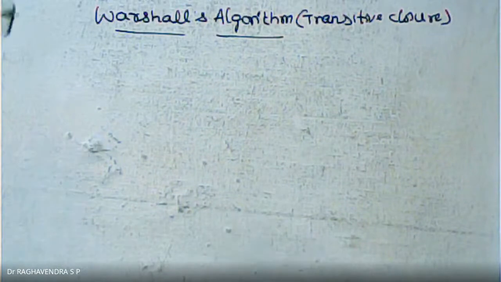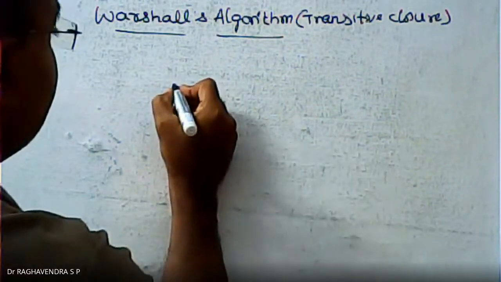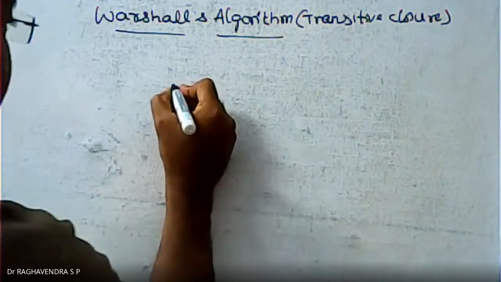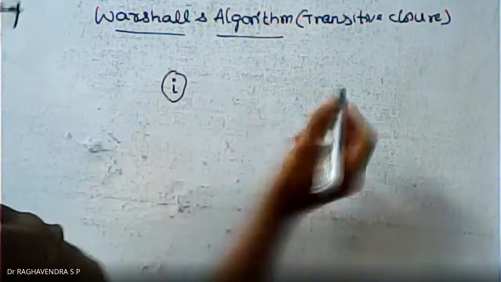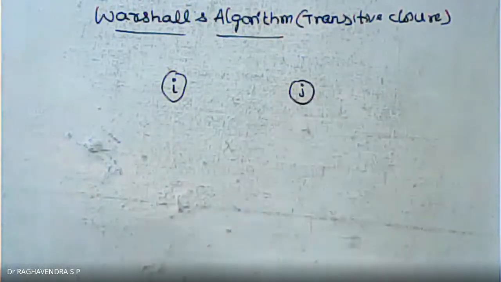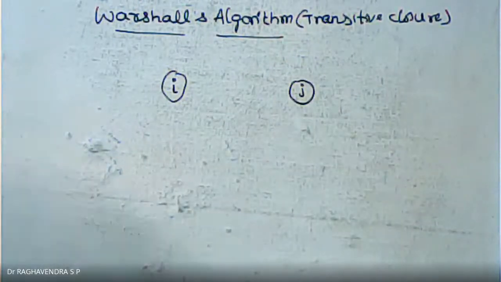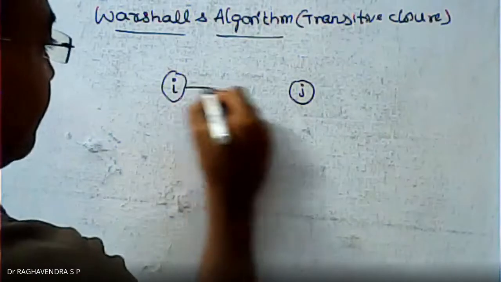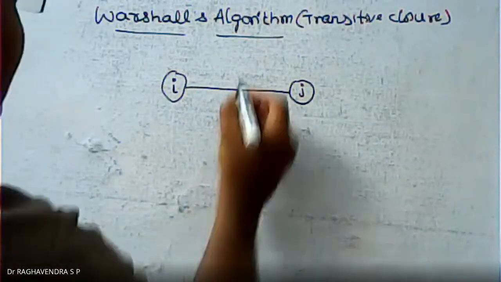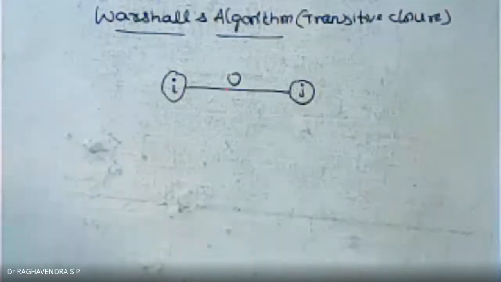Once again we have a graph here. Suppose this is I and suppose this is J. Two vertices we have.